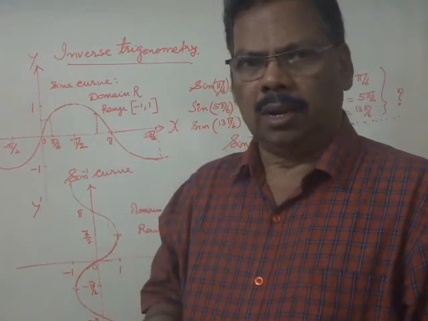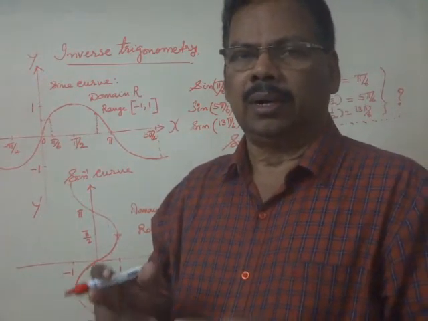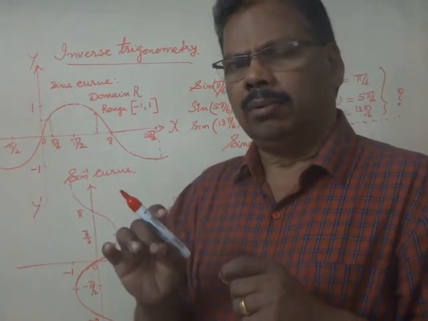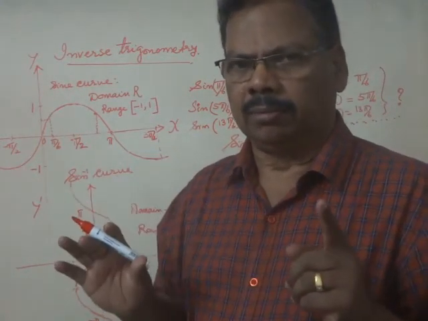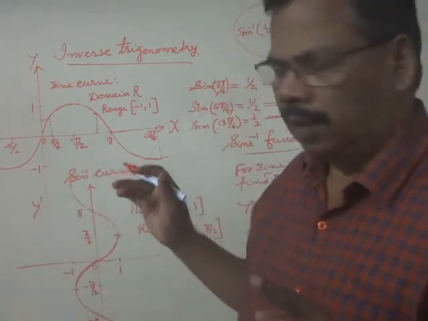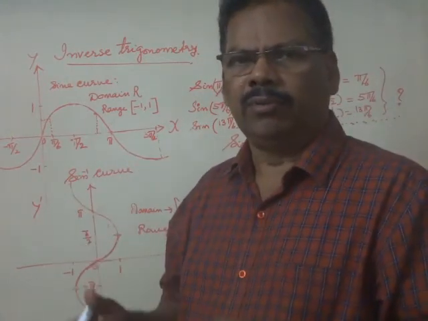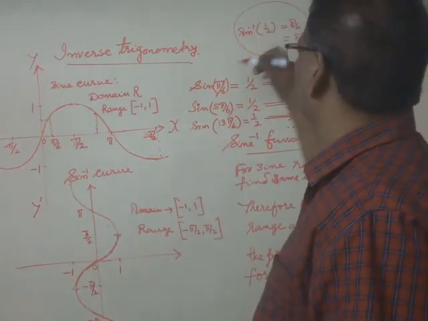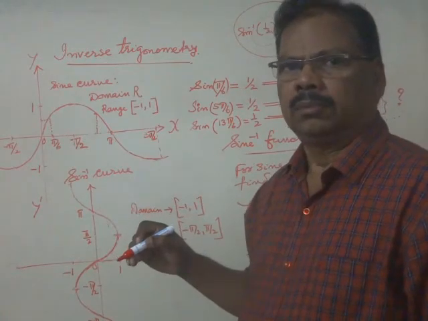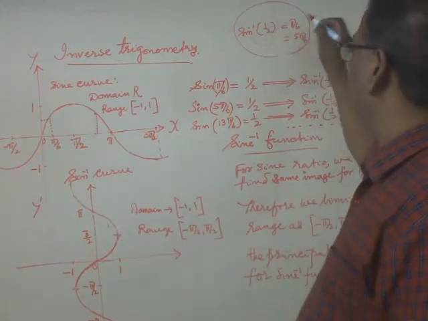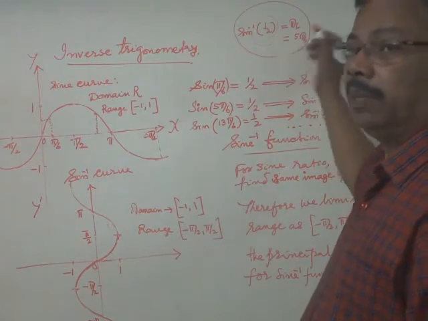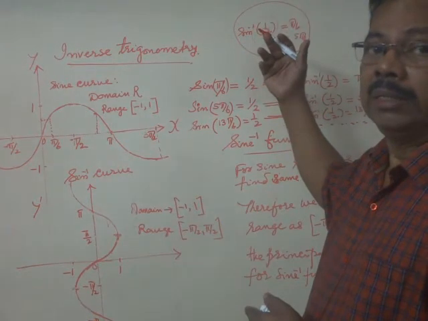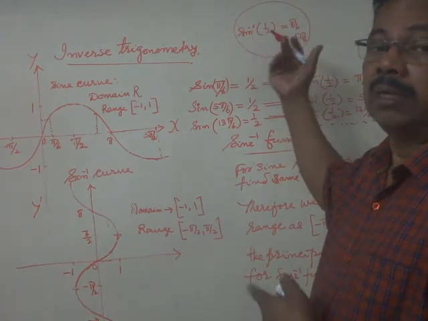In every function, an element of the domain can have only one image. But if we define the inverse of sine ratio, what will be the value of sine inverse half? Should we take pi by 6, 5 pi by 6 or 13 pi by 6 or some other value for which we get sine x equals half?